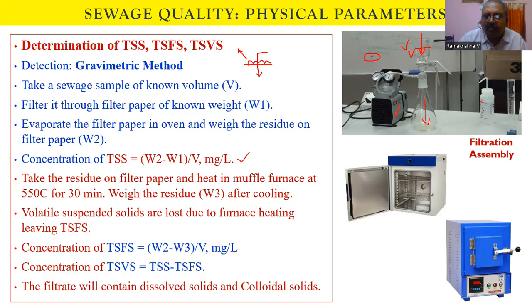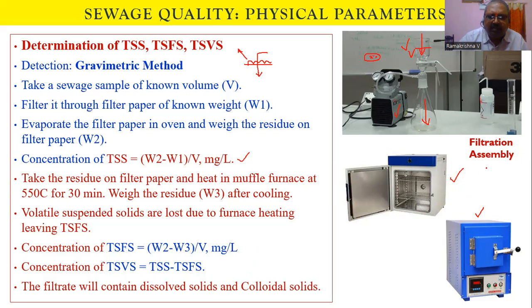This residue is there, and the water still remaining on the top of the filter paper is removed through the oven. So this is the oven, and after that, the same filter paper with residue is kept in the muffle furnace, and then the volatile solids are evaporated, leaving fixed suspended solids. And then we'll take the weight of this filter paper once again.